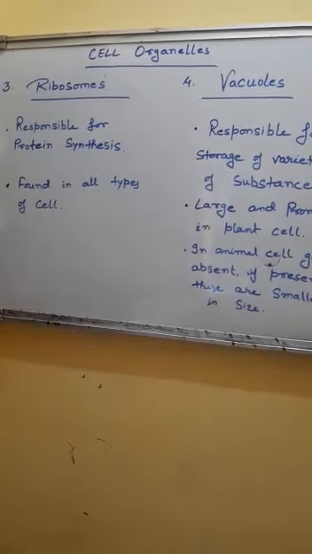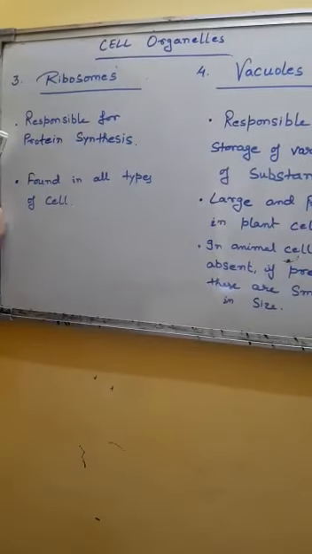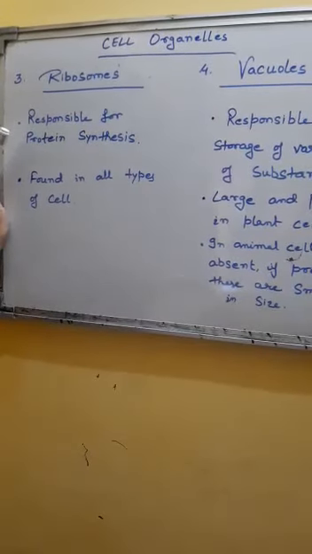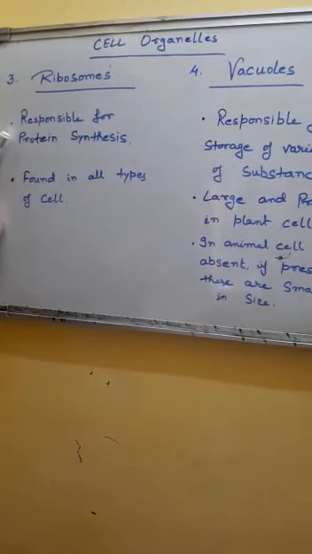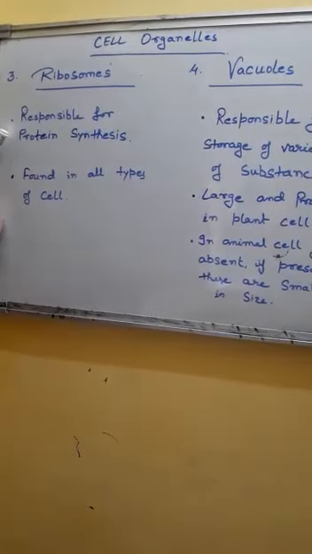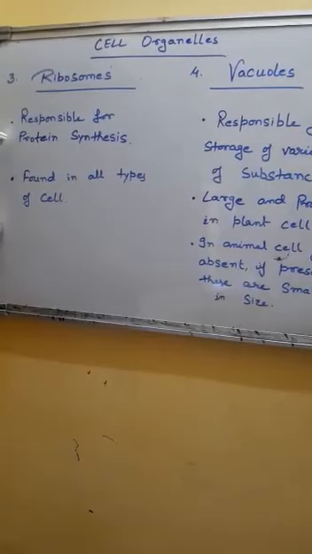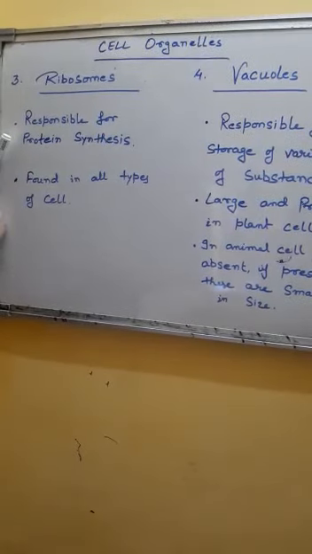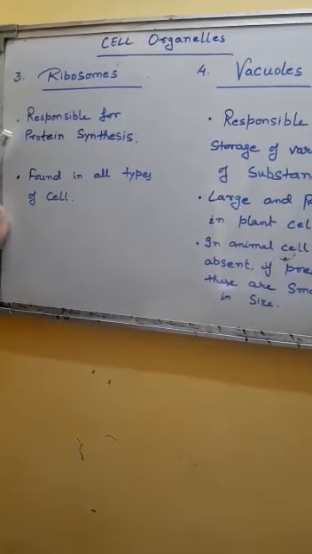These have a primary function of protein synthesis and that's why these are called protein factories of the cell. Since these are present on the surface of RER, they produce protein which passes through special channels inside the endoplasmic membrane and from there it goes and gets stored in Golgi complex.